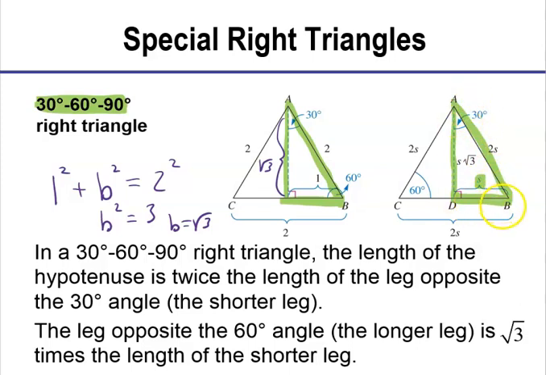So if you call that s, then the hypotenuse is always twice s, and the relationship of the other leg is s times the square root of 3. Remember, that's that square root of 3 that we got previously. These both, the 45, 45, 90 and the 30, 60, 90, are really worth memorizing, those special cases of triangles, because we use them so frequently.